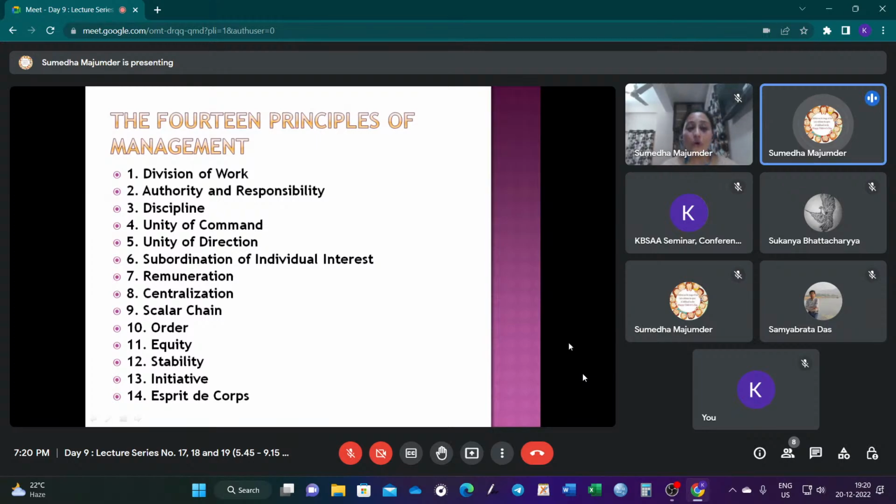It should be a particular manner of management so that the workers' control mechanism should be specific. Scalar chain, it is nothing but the proper flow of communication. It is also important for any type of organization, specifically for the profit making organization. When management is applicable, then the basic essence is the optimum utilization of resources.